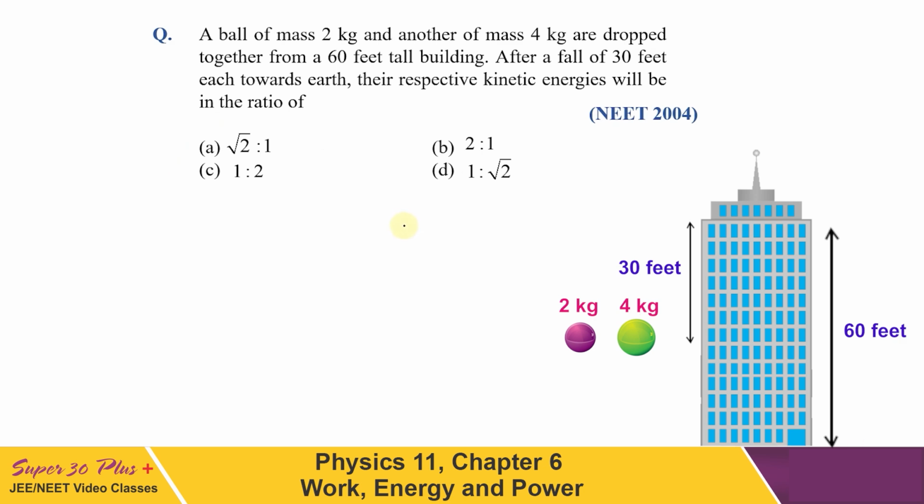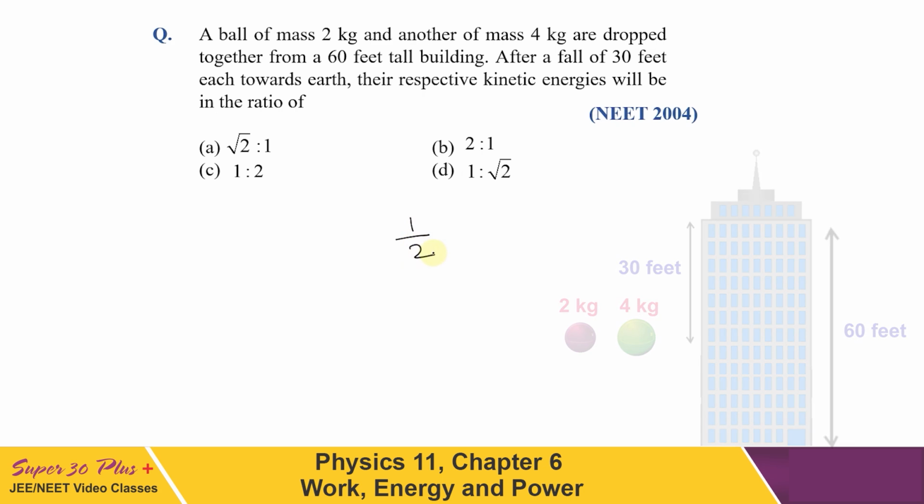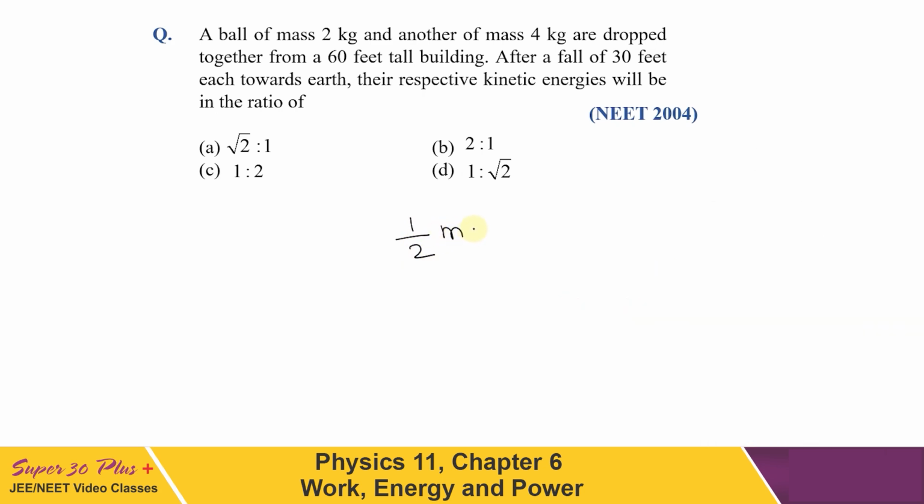From energy conservation we can write half mv square for the first ball to be equal to mgh. Now as they are falling through the same height, h has to be the same for both, but their masses are different. For the first particle, let's take that to be m1.